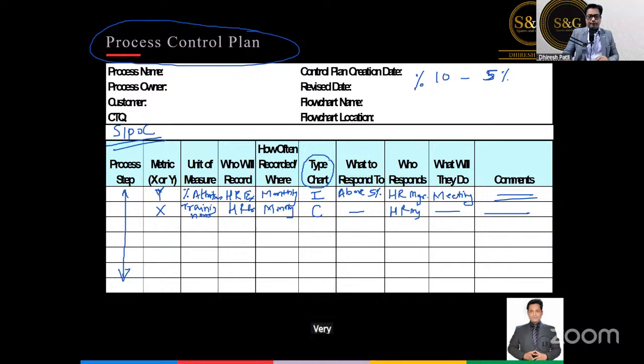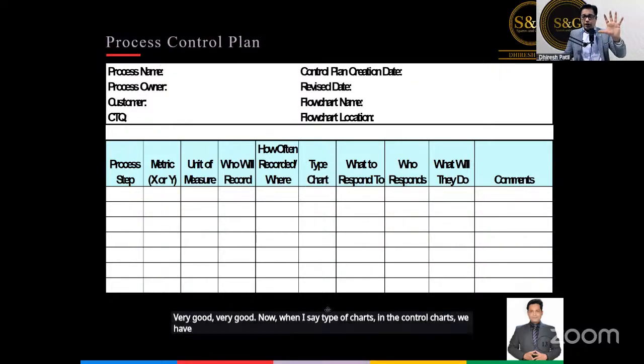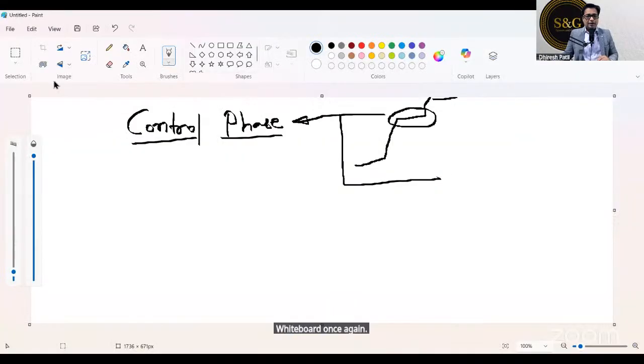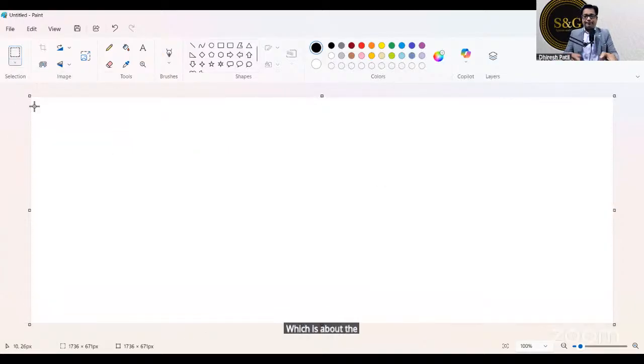Very good. Now when I say type of charts, in the control charts we have various types of control charts. Let me take you to the whiteboard once again, and let's make this table, which is about the control charts. Just draw this table along with me.